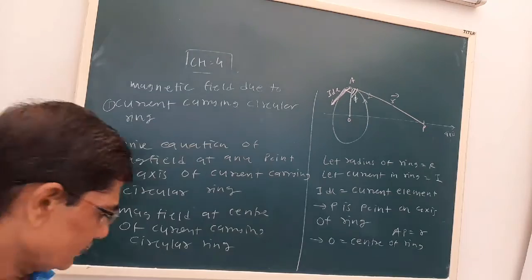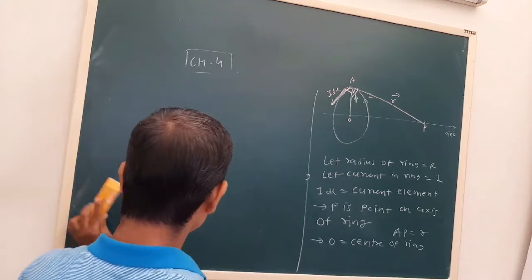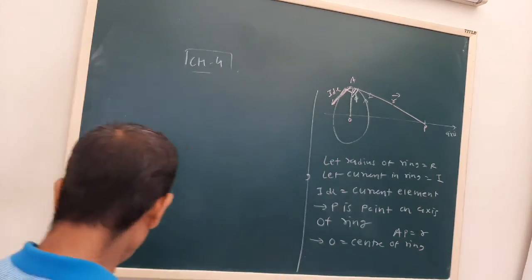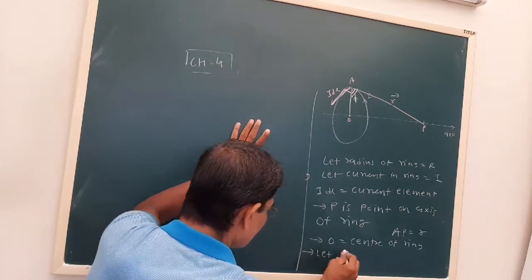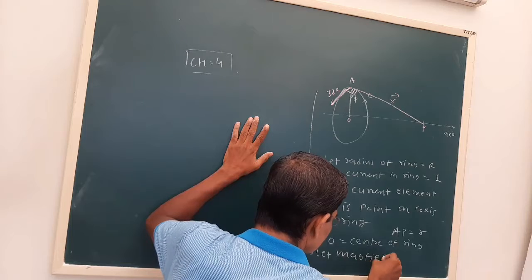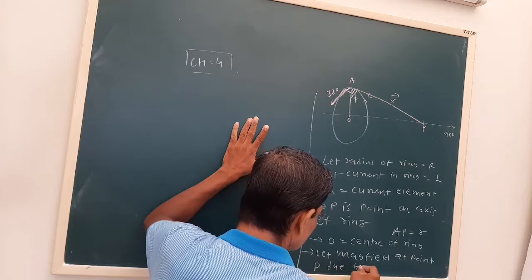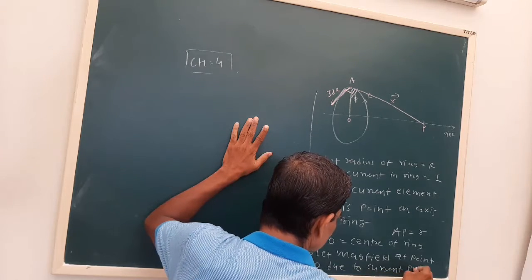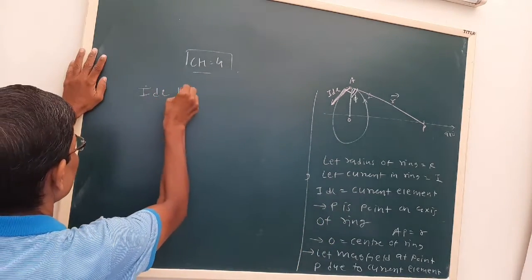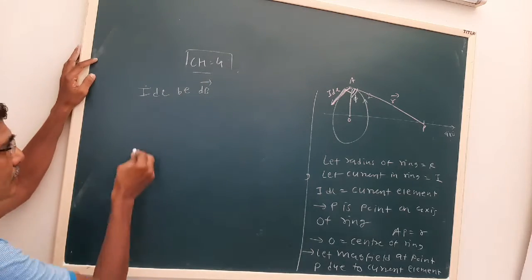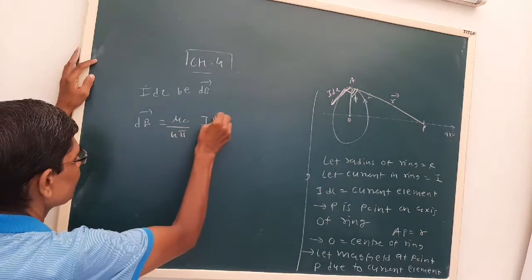Now see, the magnetic field at point P, which has a position vector R, due to current element IDL, dB is mu 0 upon 4 pi IDL.